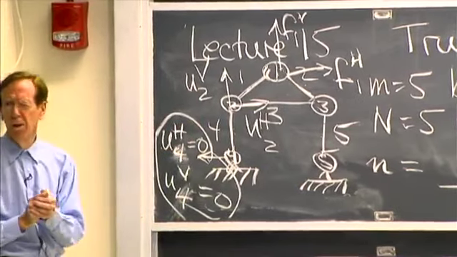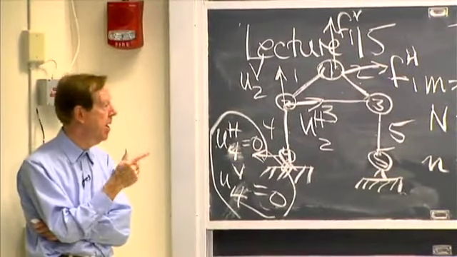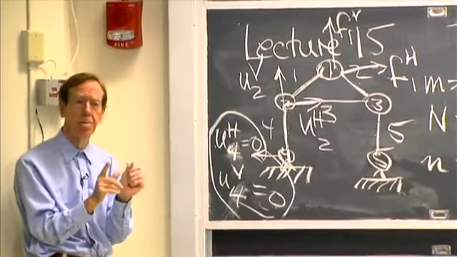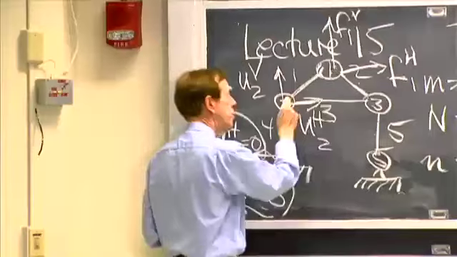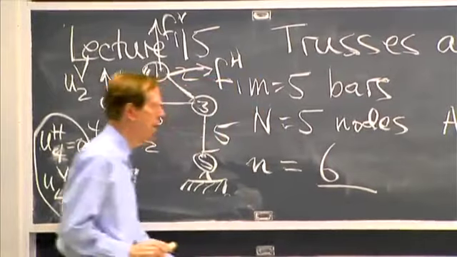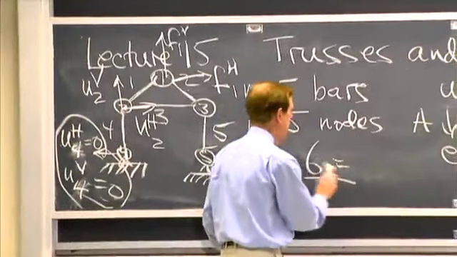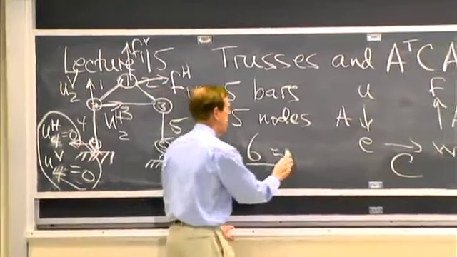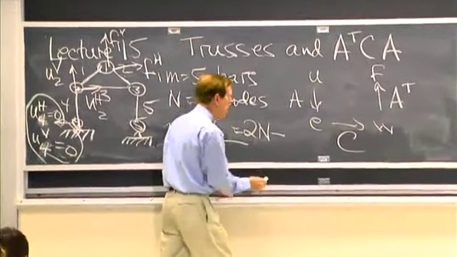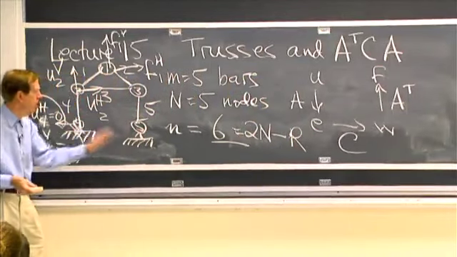So how many unknowns are there? If you now look at this picture, how many unknown displacements are there in this truss? 6, right? 2 here, 2 here, 2 here, and none there. My idea would be that it's twice the number of nodes minus the number of fixed reactions, R, which would be 4 in this case.